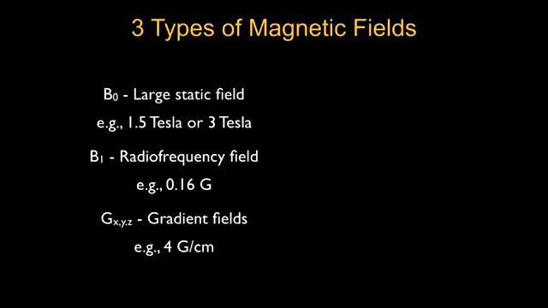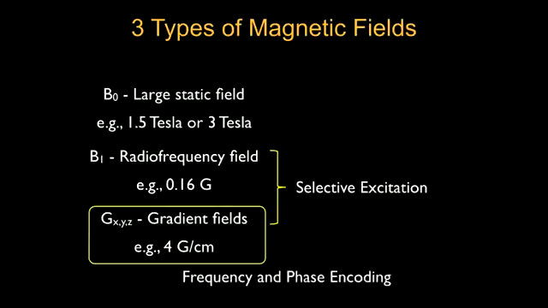Let's go back to the three major types of magnetic field: B0, B1, and gradient. Using a gradient and a B1, you can excite a specific location. That's what we covered before. After that, using a gradient field, you can create so-called frequency and phase encoding, and by using them you can form an image.